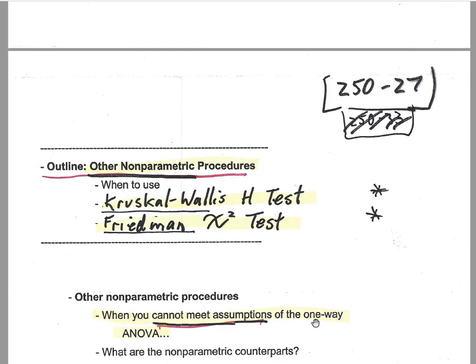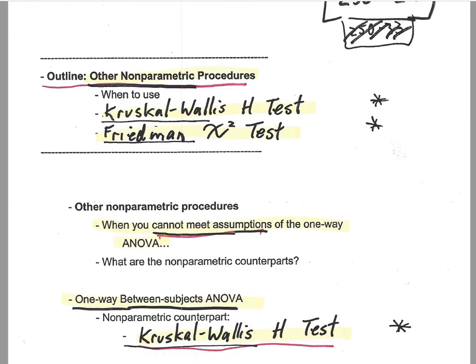When you can't meet the assumptions of one-way ANOVA, what are the appropriate nonparametric counterparts? Well, if you had planned on analyzing your data with one-way between subjects ANOVA, but you found you couldn't meet the assumptions, maybe the best fallback would be its nonparametric counterpart, the Kruskal-Wallis H Test.